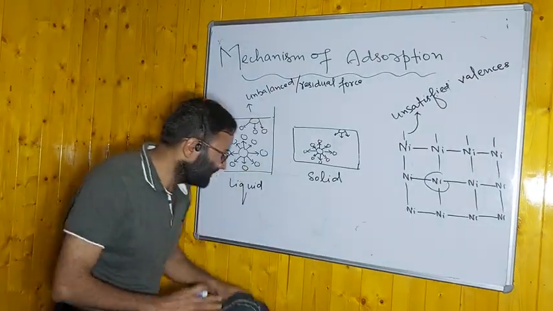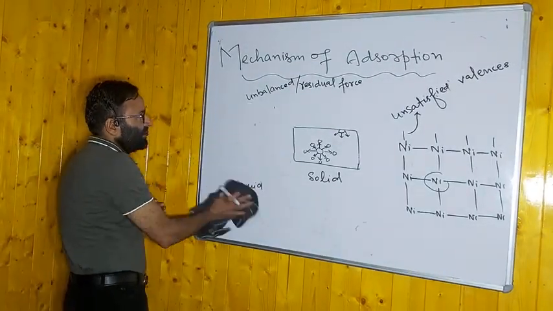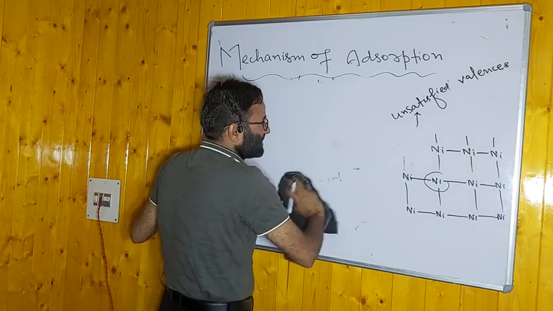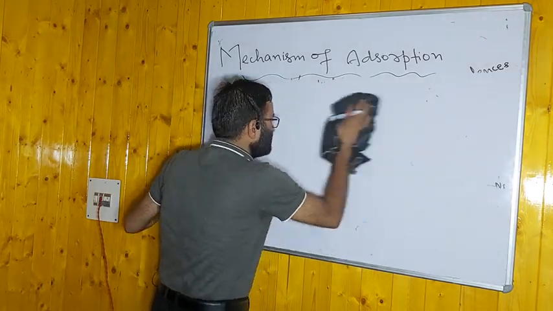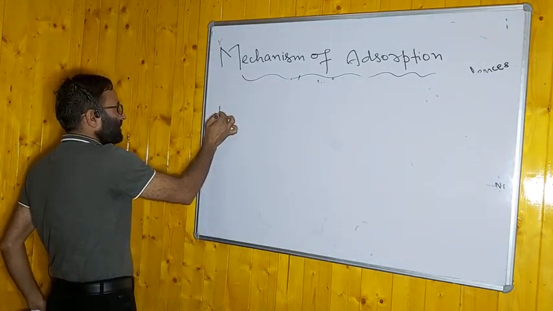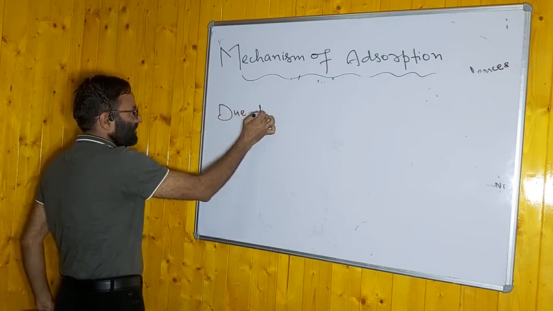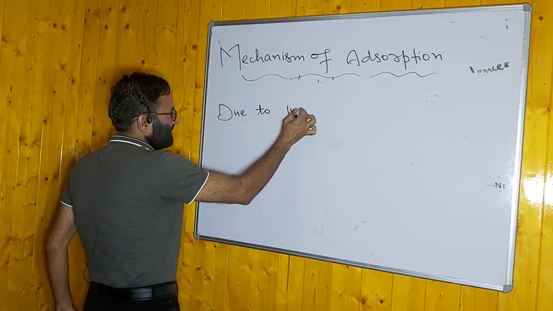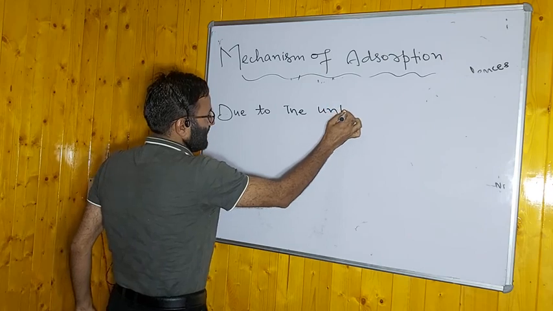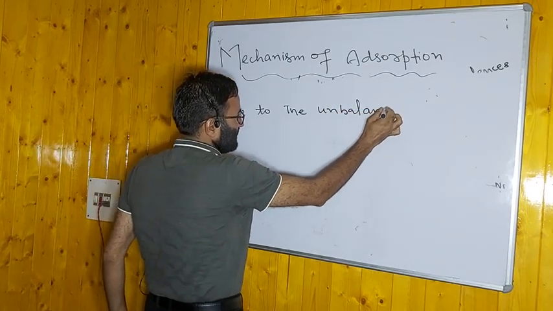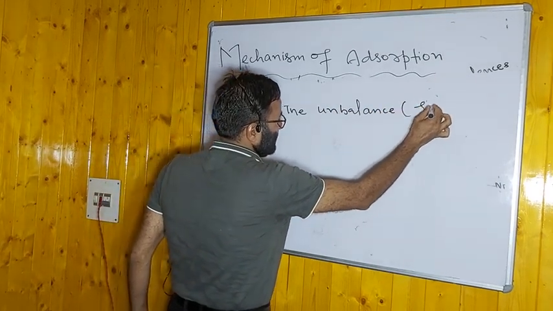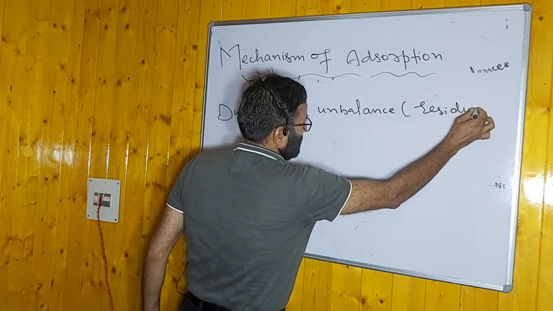You can mention this very important point. Why does the adsorption process take place? You can mention, due to the unbalanced force. You can also mention it is the residual force.